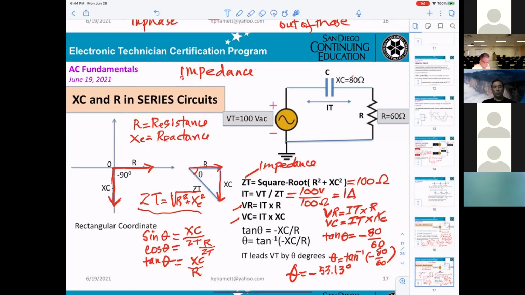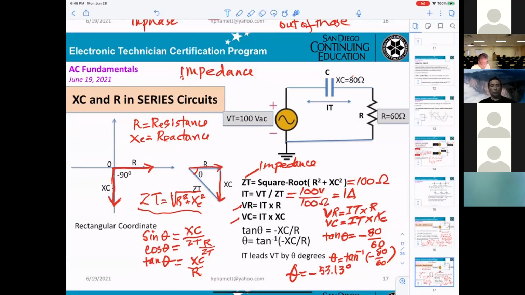And now they want to know the phase angle. It will be equal to minus XC divided by R. If you want to get the angle using tan inverse, for this problem we get minus 53.13 degrees. Okay, so what is the phase angle?